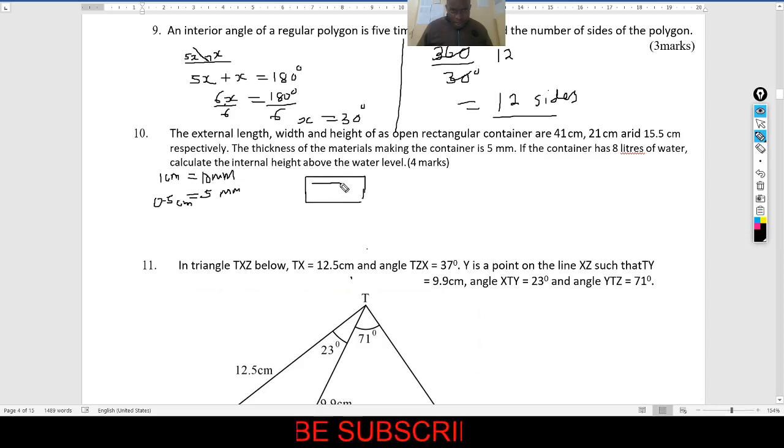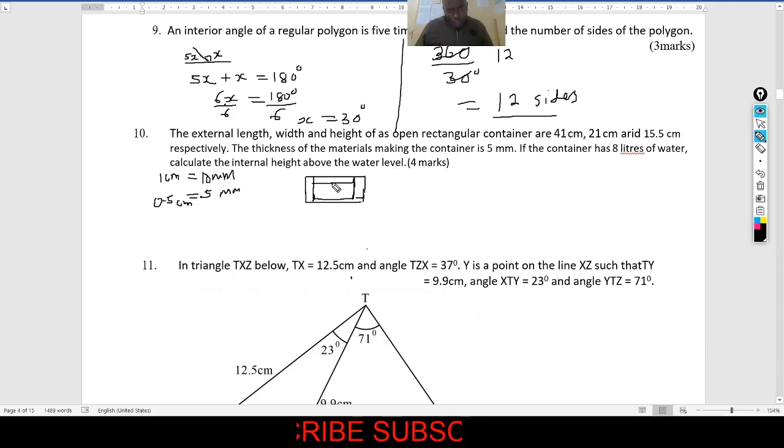We have this 0.5, this 0.5, this 0.5, but at this end it is an open rectangular container.